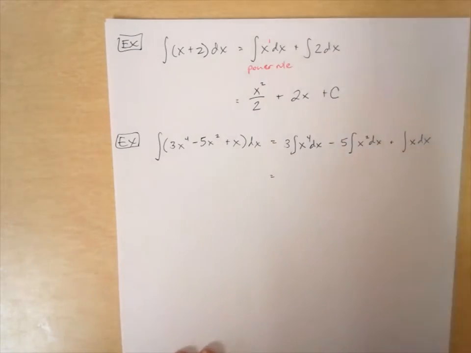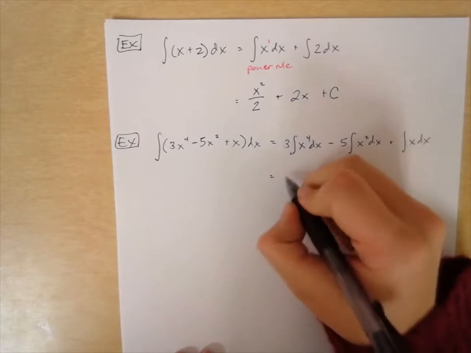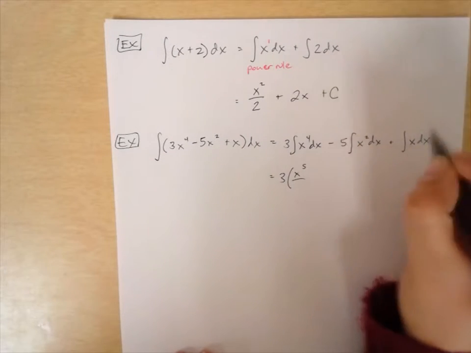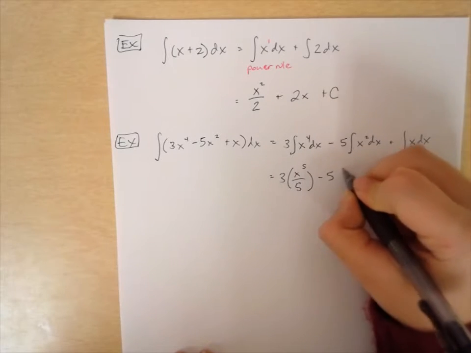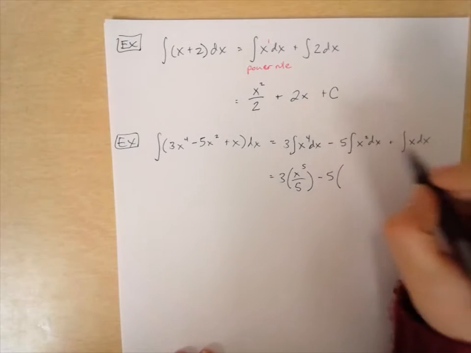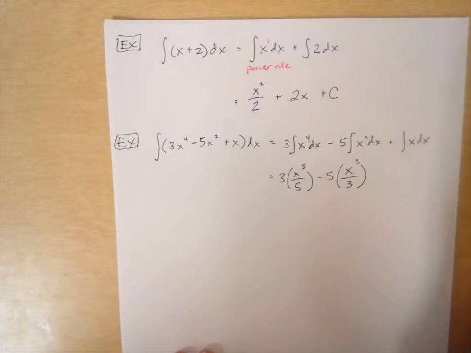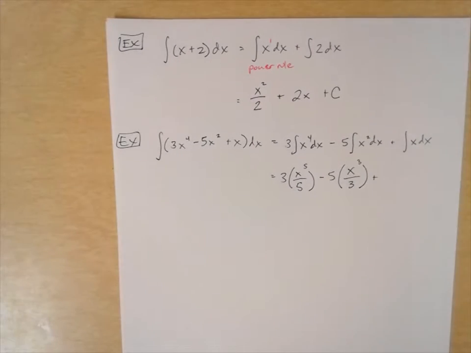Okay. And so what we're going to do now is use the power rule, and we're going to have 3 times x to the 4 plus 1, so x to the 5th, all over 5, minus 5 times x squared plus 1, so x to the 3rd over 3, plus what we have here, the antiderivative of x is x squared over 2.